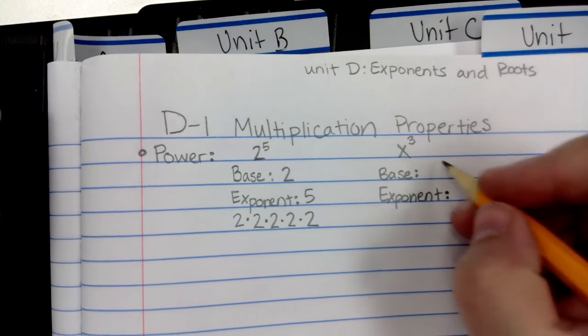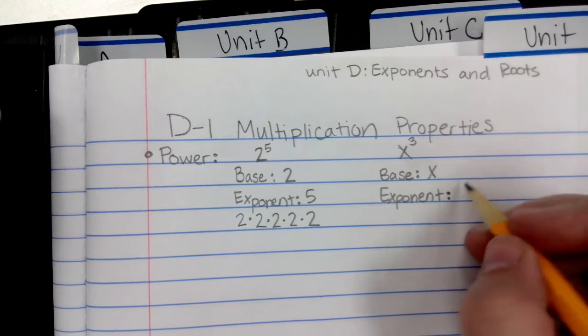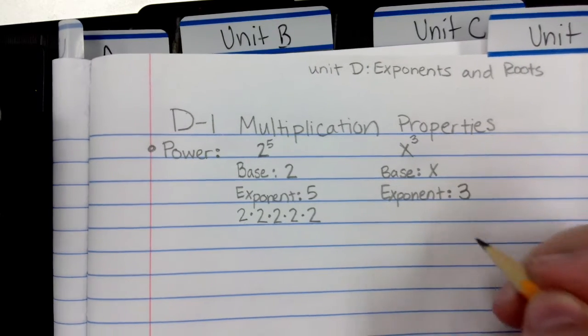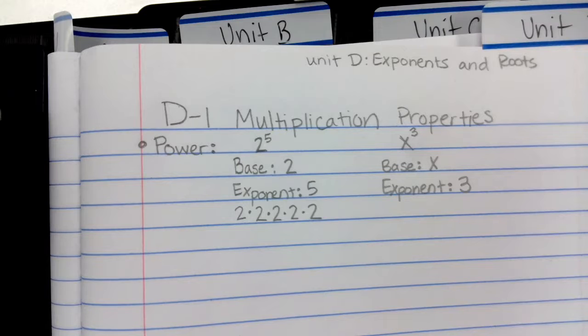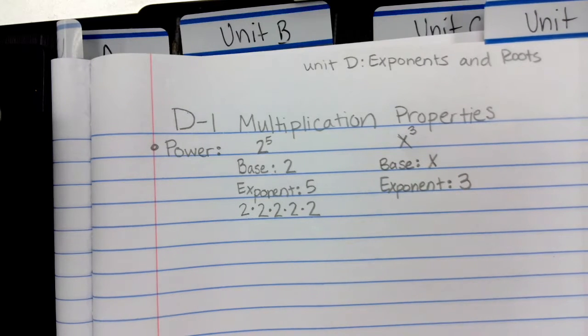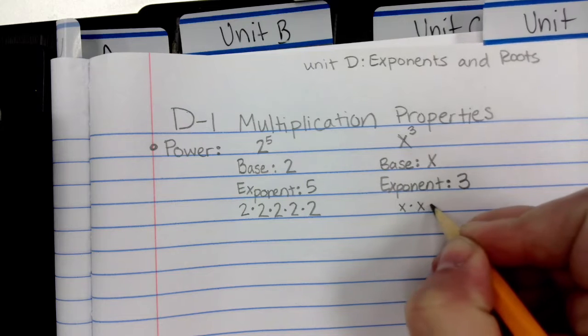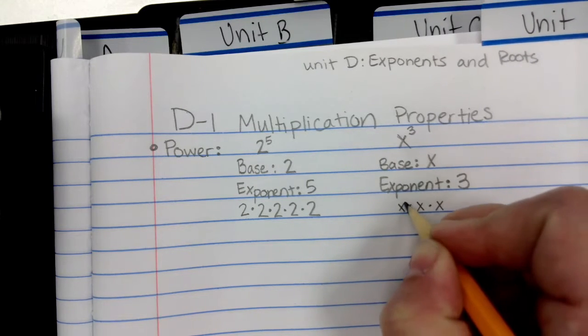Good, x. What is the exponent? 3. But I want to know, what does that mean? What does x to the 3rd mean? X times x times x.